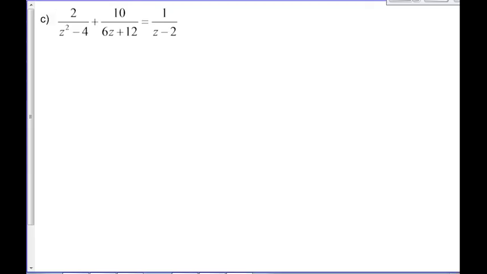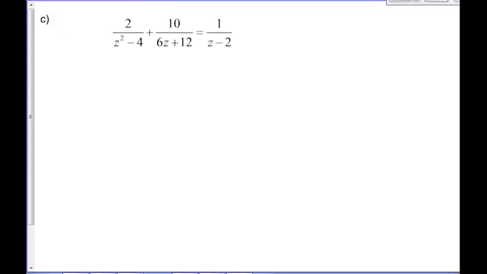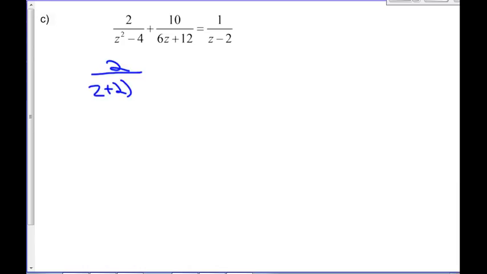Let's try one that has more terms in it. So, in order to see the lowest common denominator, just like we did when we were adding and subtracting fractions, we need to factor the bottom, rather. We don't need to factor the top. z plus 2, z minus 2.